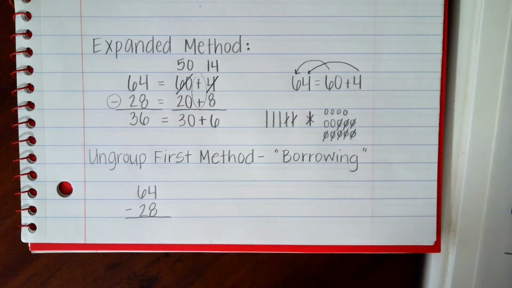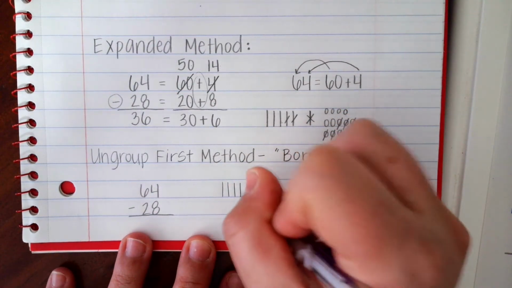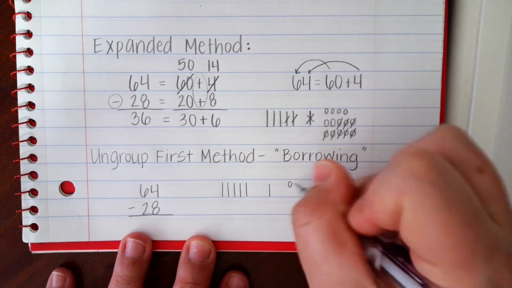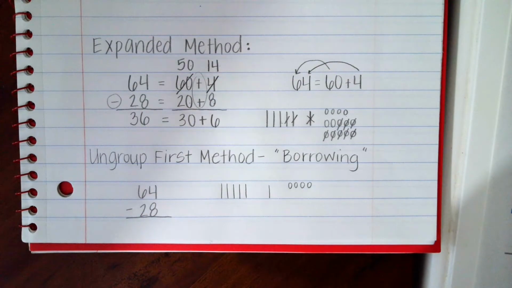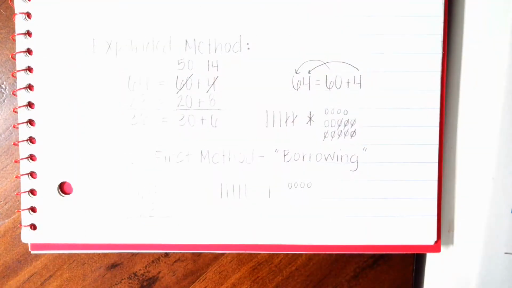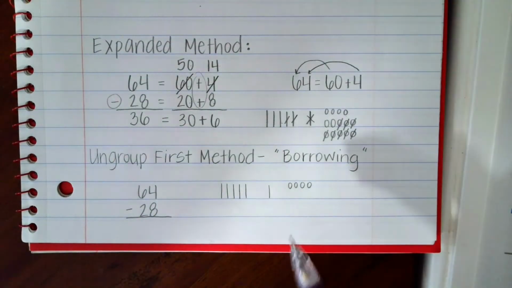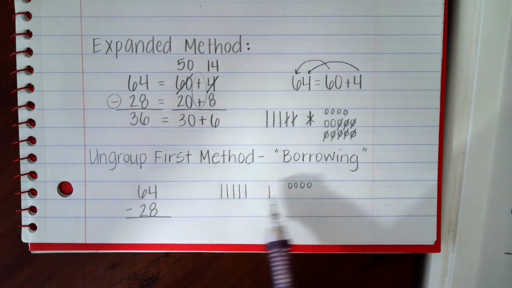Now, I'm going to do my proof drawing while solving this problem to help it make a little more sense for you guys. So when I do my proof drawing or my drawing method, what that means is I start with my top number. So I drew 64 right here.